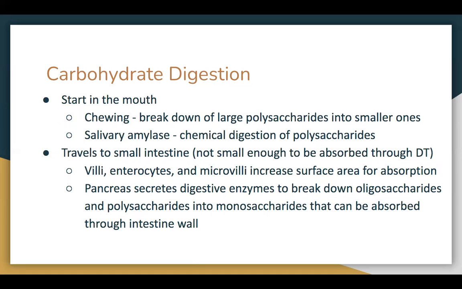Within the small intestine, there are villi, enterocytes, and microvilli that increase the area of the small intestine for absorption. And the pancreas secretes digestive enzymes to break down oligosaccharides and polysaccharides into smaller components that can be absorbed through the intestinal wall.